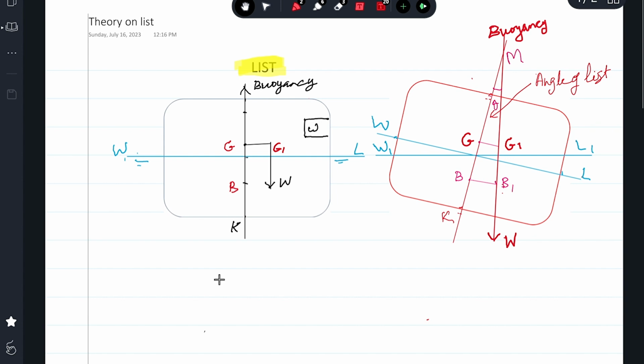Here the force is our ship's displacement, the weight of the ship, which is acting downward, and GG1 is the lever arm. The ship's center of gravity has shifted from G to G1 transversely. So the ship's displacement W multiplied by GG1 will be the listing moment.